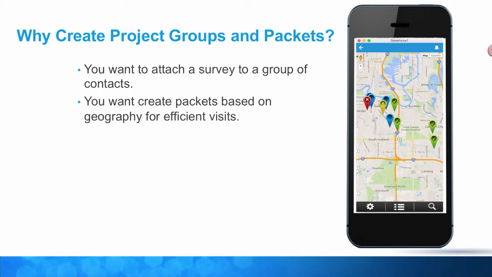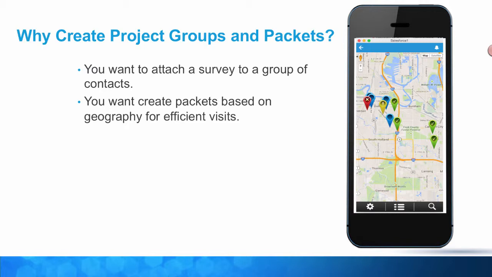for a group of contacts. The other reason you will want to create project groups and packets is if you want to visit a large number of contacts and split them up into packets based on geography.